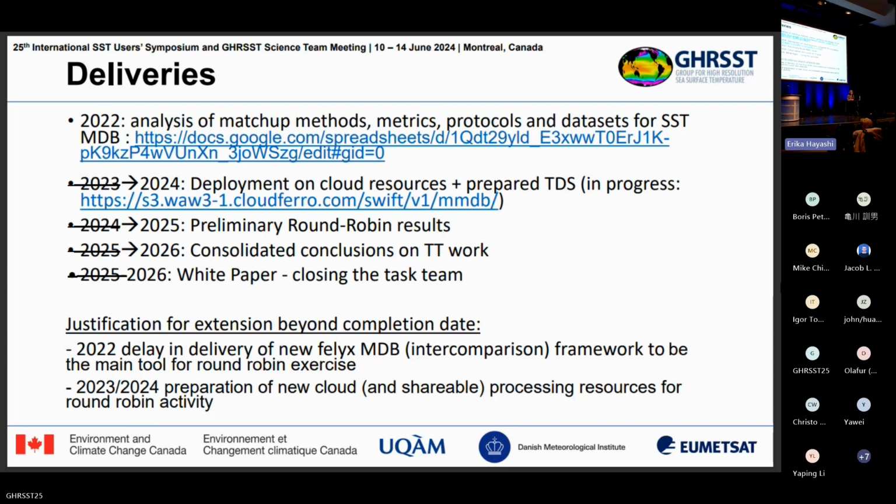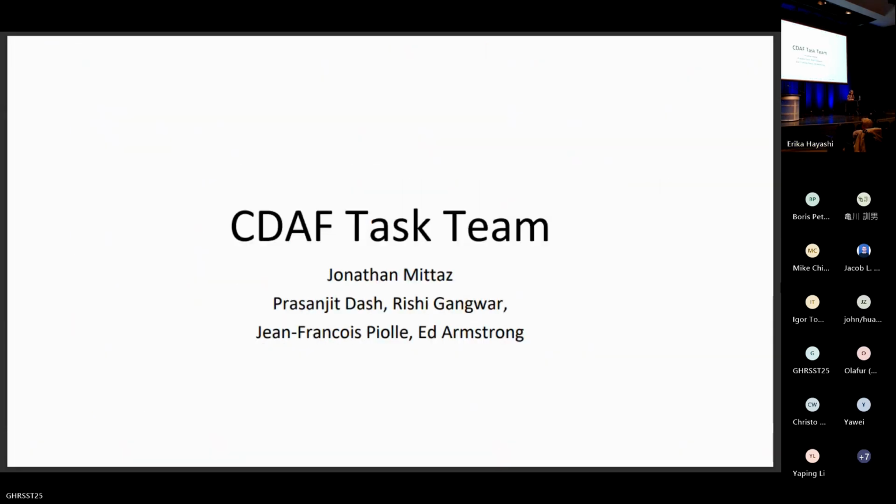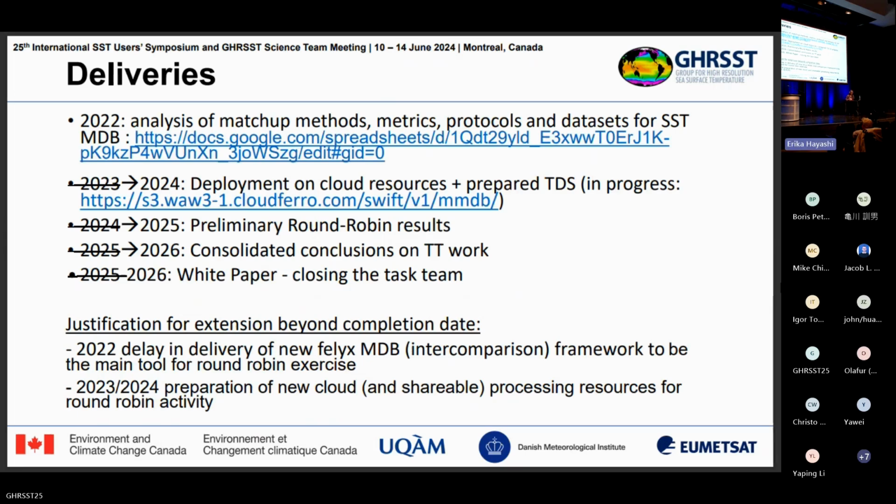So there was the matchup production system itself, and the allocation and preparation of these cloud resources so that we can all work together on the same data sets and same resources. So this is it. This is the plan for this year and the next year. Thank you.